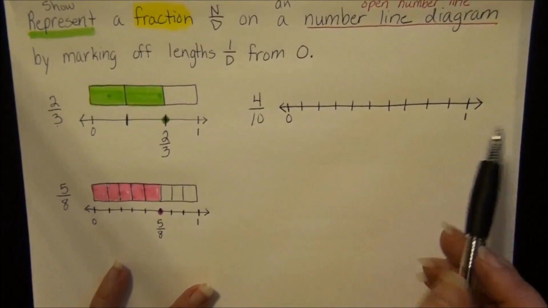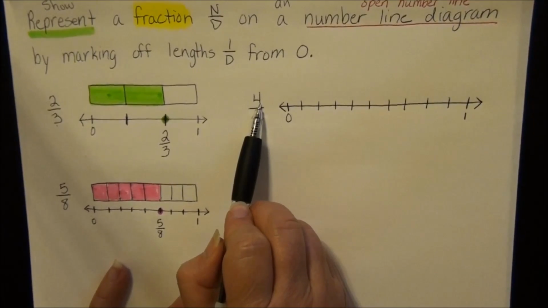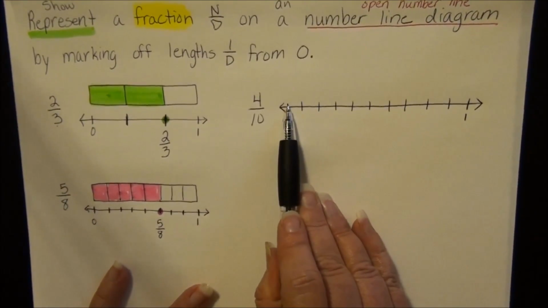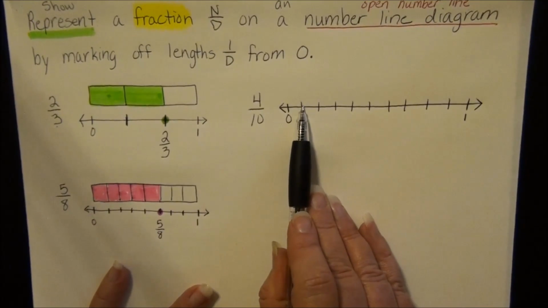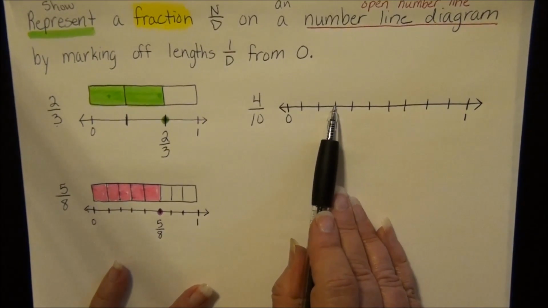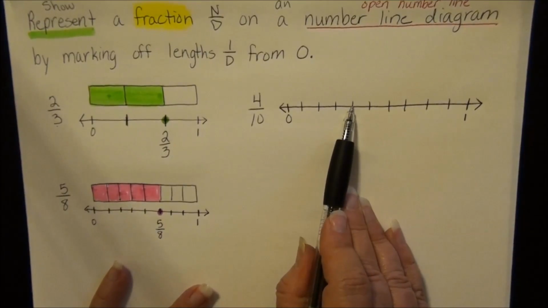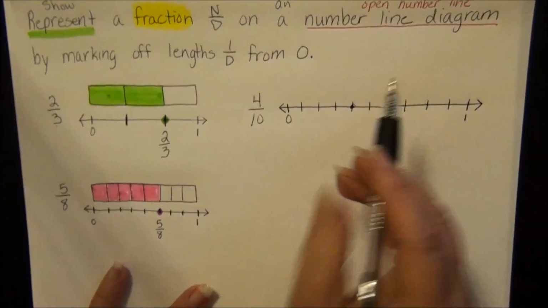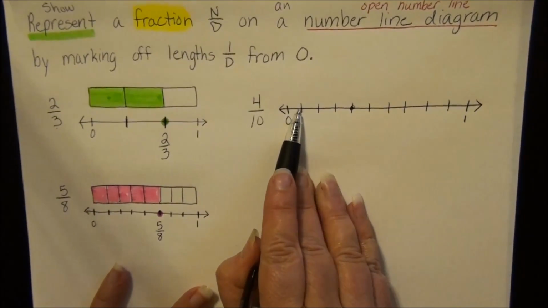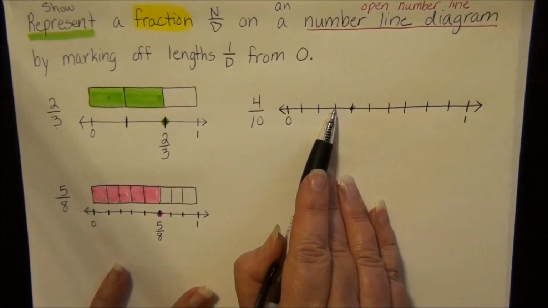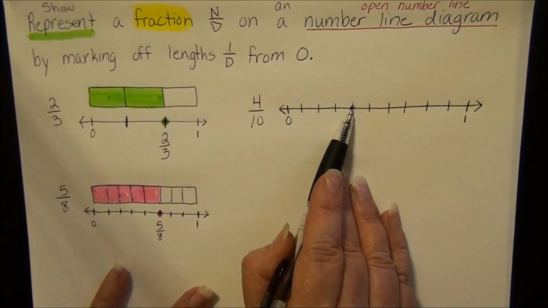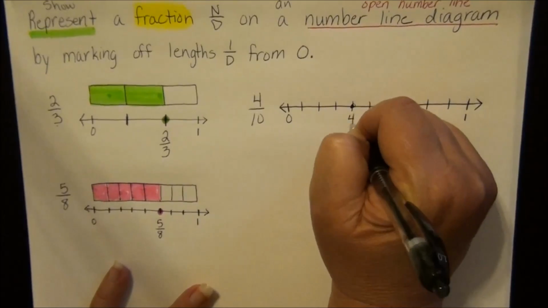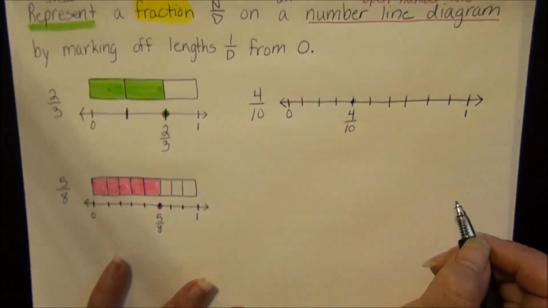Okay, so now I need 4 parts colored in. So if my candy bar were here, I would color in 1, 2, 3, 4. It would be right there. So I'm going to draw my dot. So watch it again. 1, 2, 3, 4. 0 is my starting point. Okay, and that is 4 out of 10.